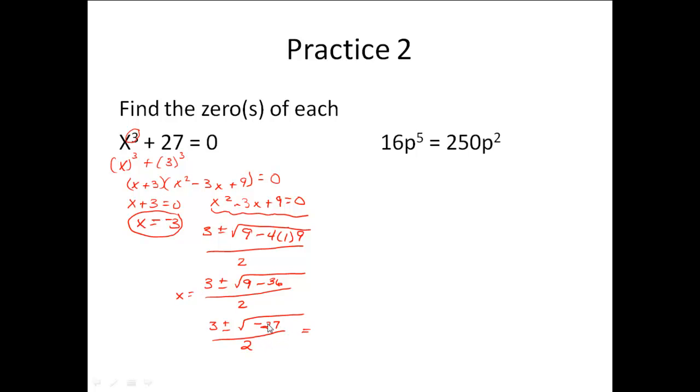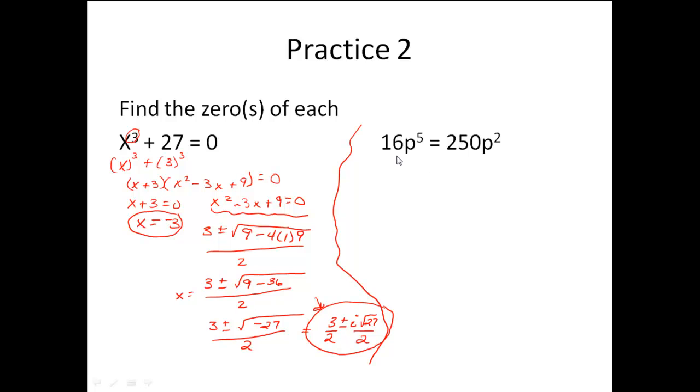I want to check, can I break down the square root of 27? There's nothing on my list of perfect squares that'll go into it, so I end up with 3 plus or minus i square root of 27, over 2. So I could have x be negative 3, or it could be this imaginary answer. And remember, there's two of them because there's a plus and there's a minus.